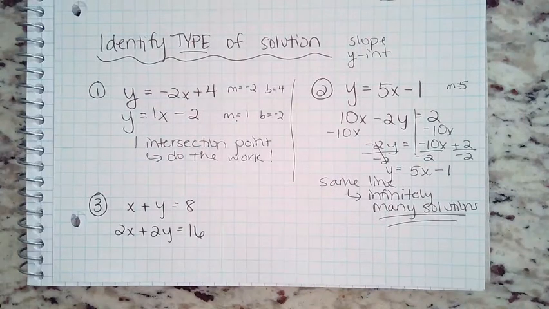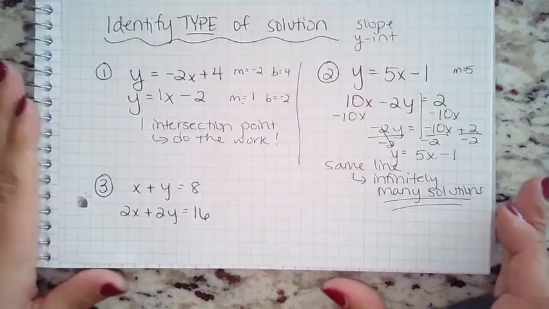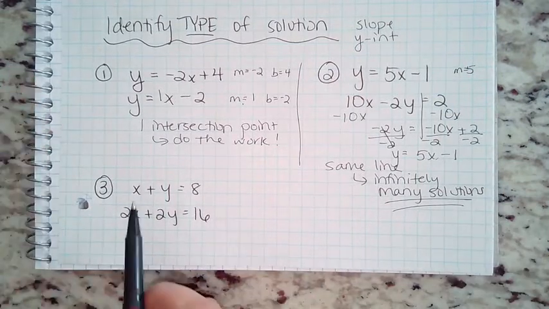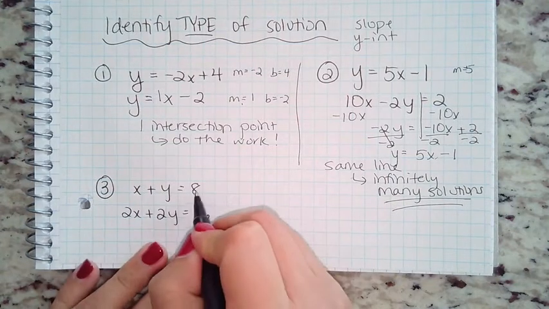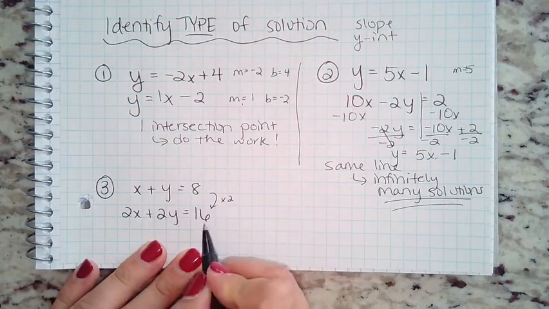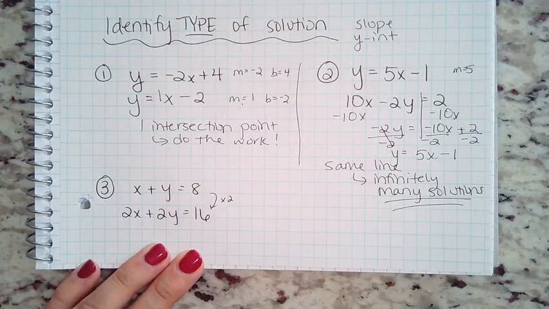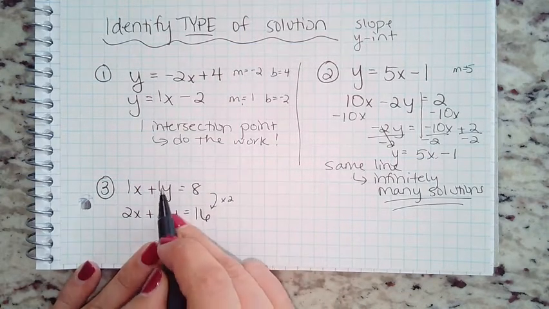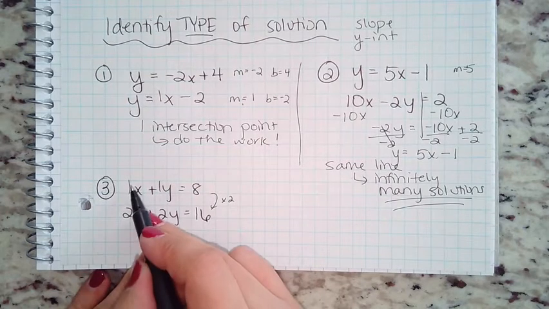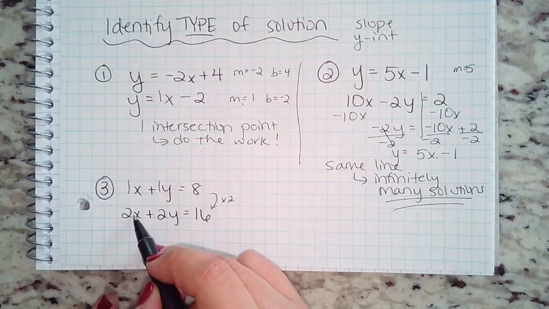And then if I look at number 3, well, I look at this equation and I see this equation. Something I notice is 8 times 2 gives me 16. Are my coefficients over here the same? 1 times 2 gives me 2, and 1 times 2 gives me 2.